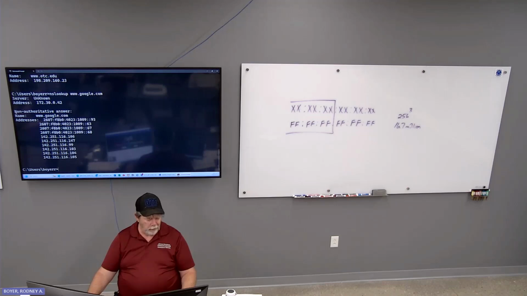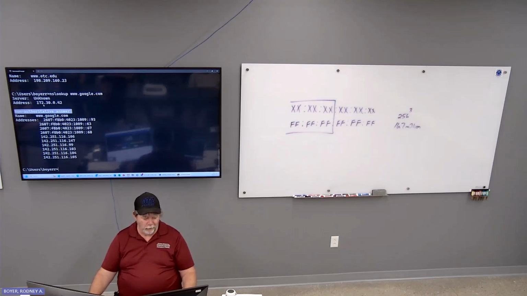Well, you notice here it also says non-authoritative answer. That means that I just did an NS lookup. I didn't tell it to use a specific DNS server.